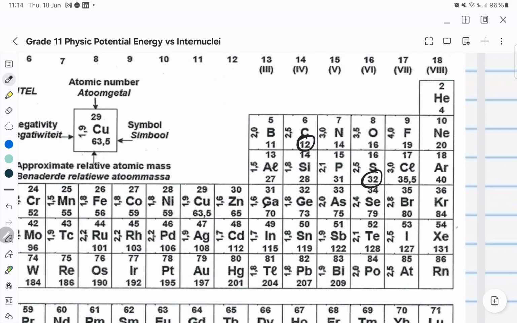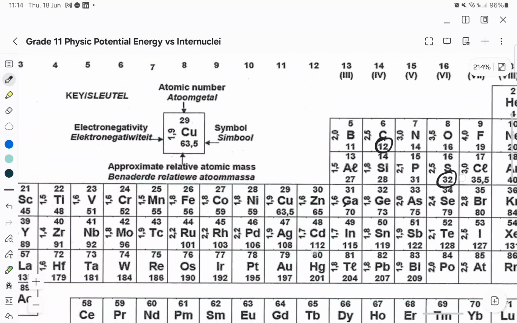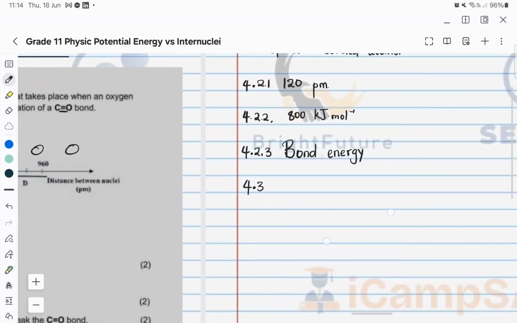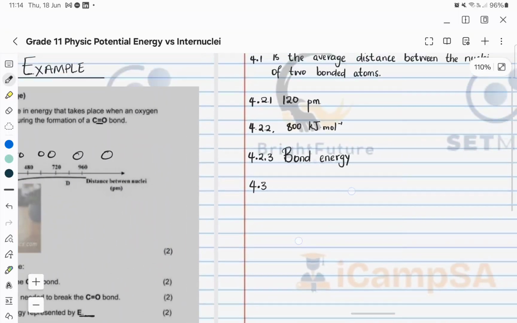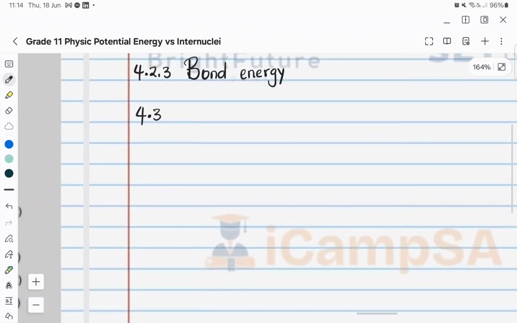So we already see that sulfur is a bigger atom compared to carbon. By virtue of size, the carbon to oxygen bond will have a lower bond length compared to the sulfur to oxygen bond.